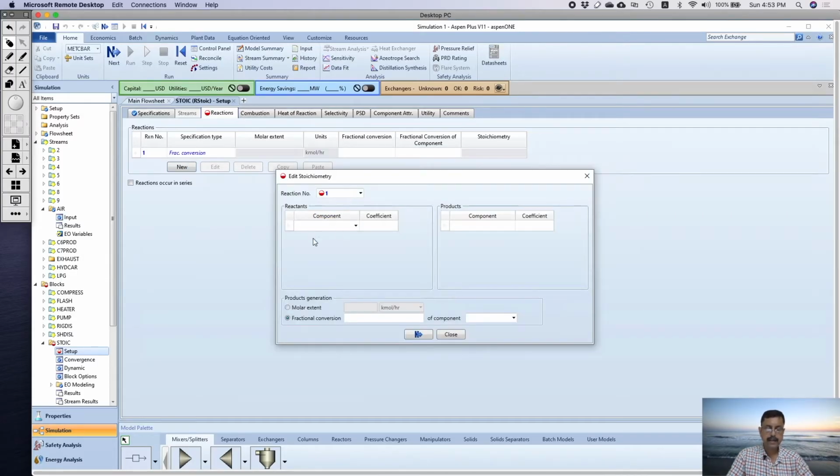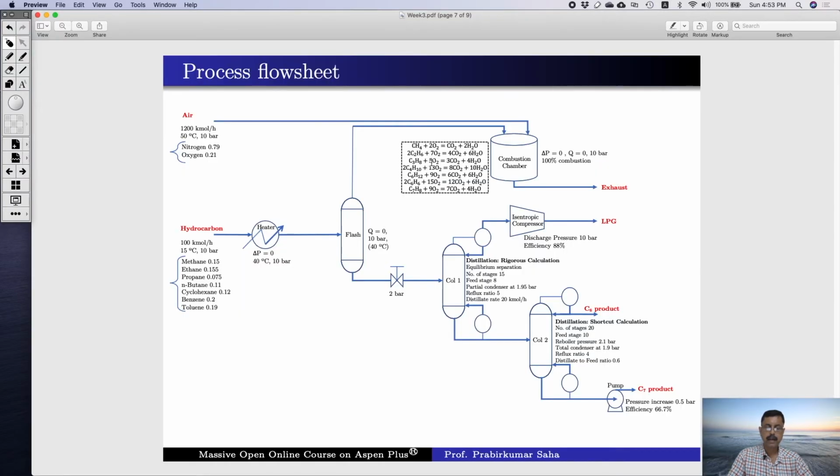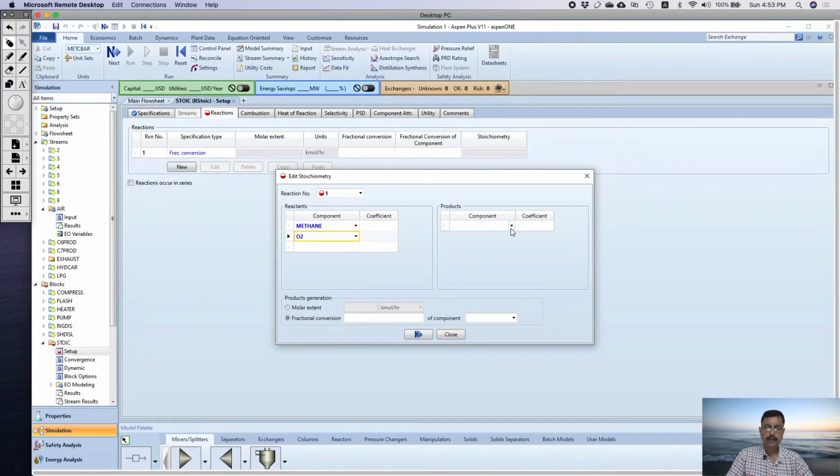Now the reactants, what are the reactants? The first reaction is methane and oxygen that will react to produce carbon dioxide and water. So this is carbon dioxide and water.